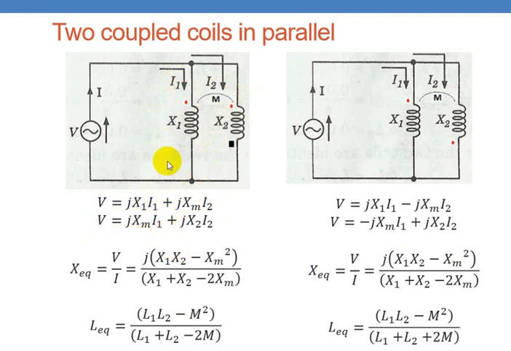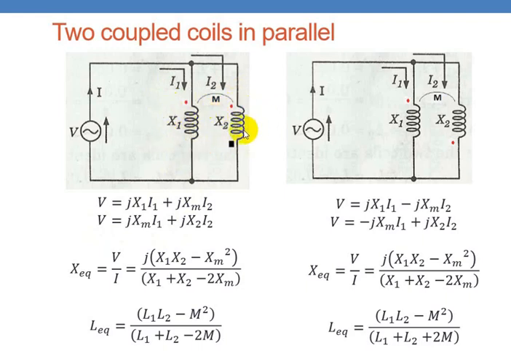Similarly, you can also write the voltage across this coil. Since both coils are connected in parallel, the voltage across this coil will be the same as the voltage across the other coil.